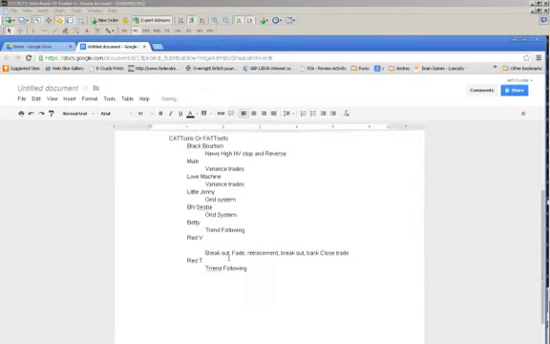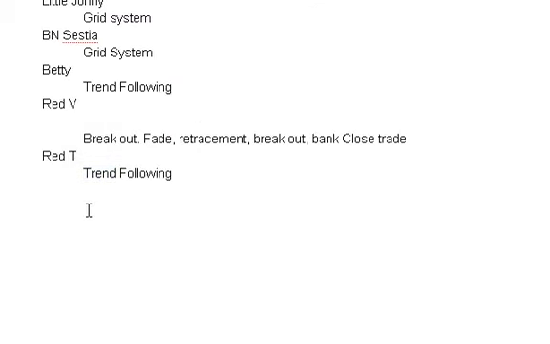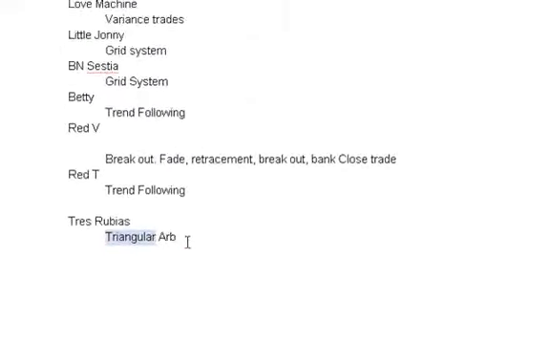We have another one that's called, I'm trying to think of the name of it right now. Trace Rubius. This one is a triangular arbitrage one. And then there's a gray box one.